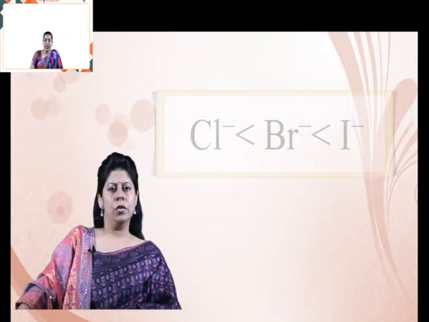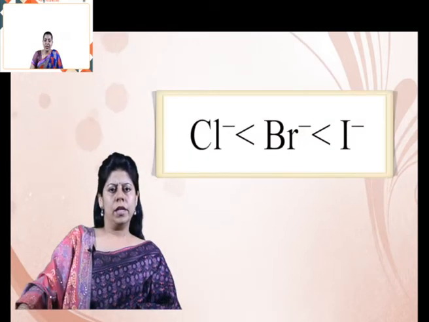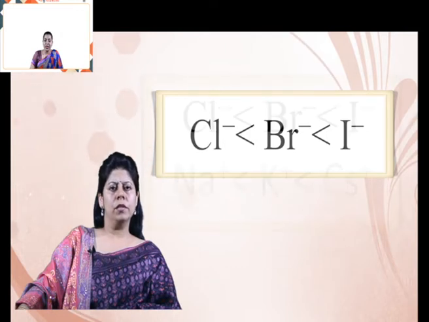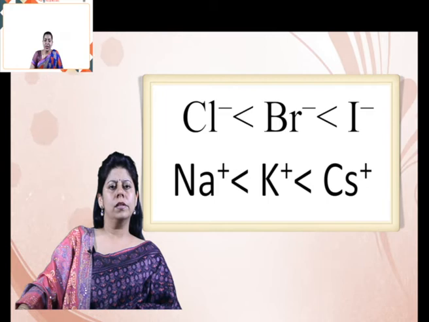Sixth point, micellar size increases for a particular cationic surfactant as the counter ion is changed according to the series chloride less than bromide less than iodide, and for a particular anionic surfactant according to sodium less than potassium less than cesium.